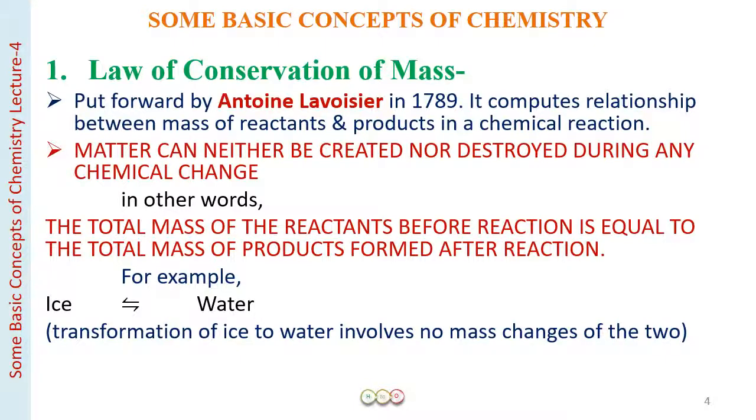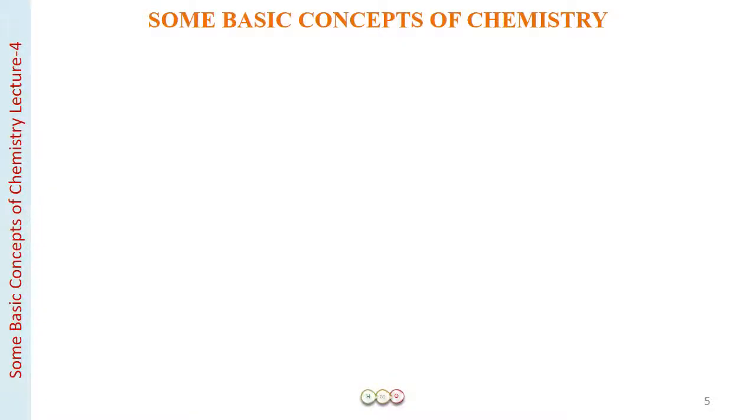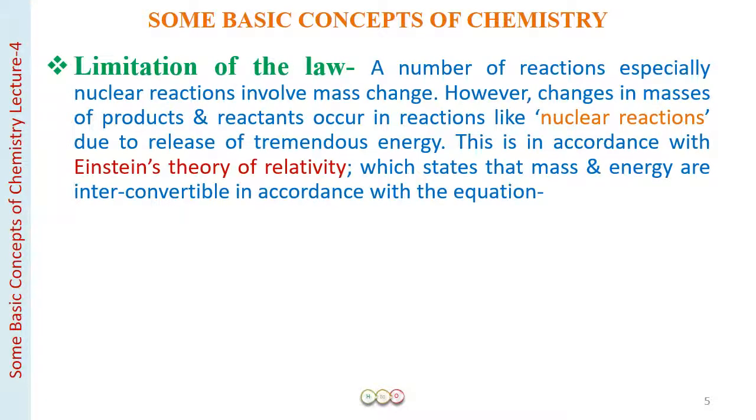Now we have one limitation to this law. And what is that limitation? Well, the limitation is that a number of reactions, especially nuclear reactions, involve a mass change. And what happens to that mass? That is converted into energy. In a nuclear reaction, there is a tremendous release of energy, right?